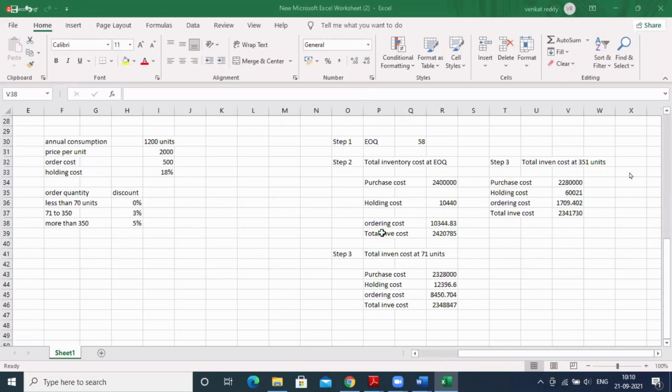Now in these three, which one would be better?